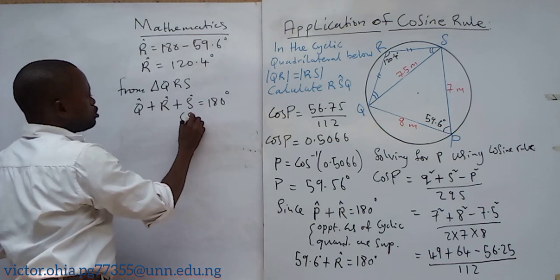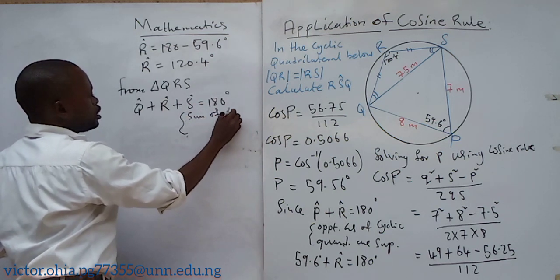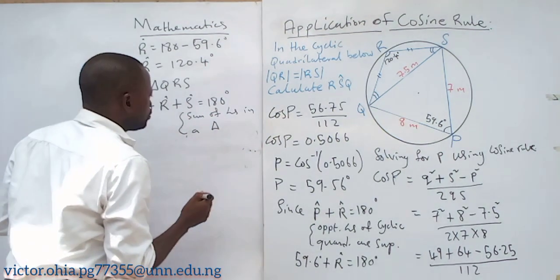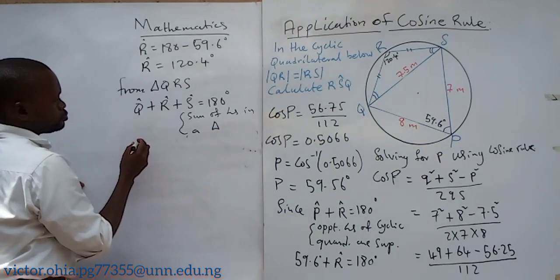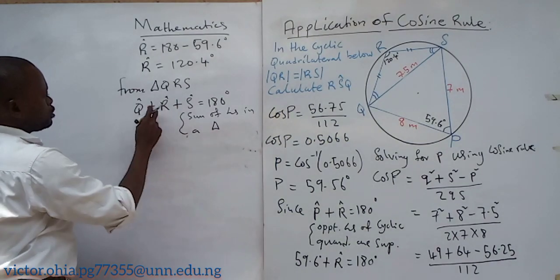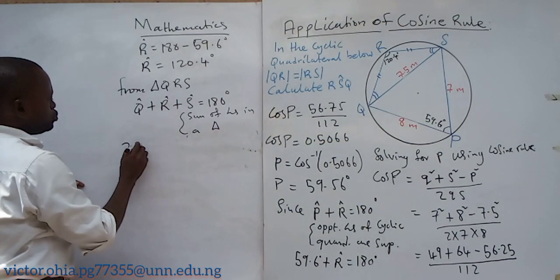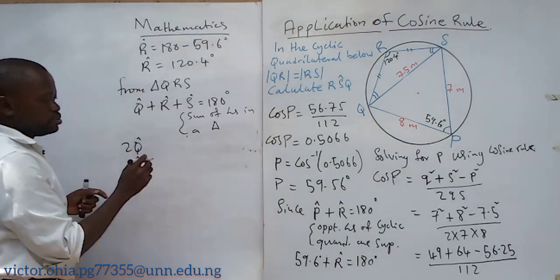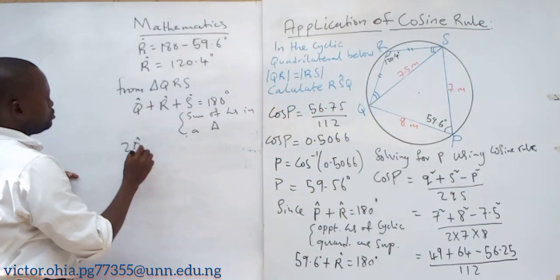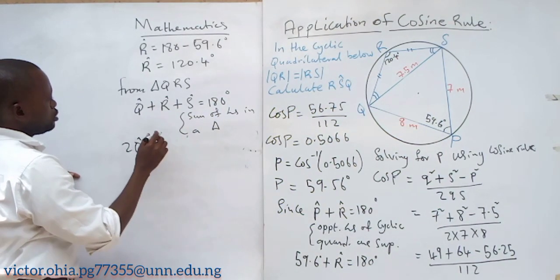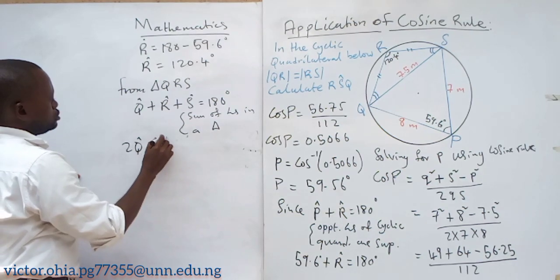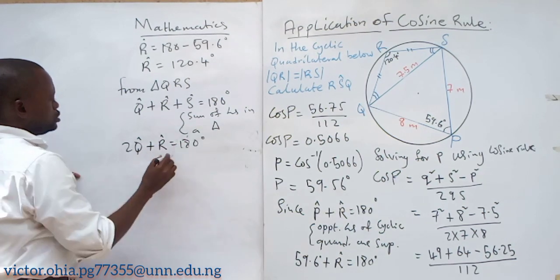Why? Sum of angles in a triangle. And you know that these two angles are the same, so I can say 2 times this angle at Q, because they are the same, plus the angle at R is equal to 180 degrees.